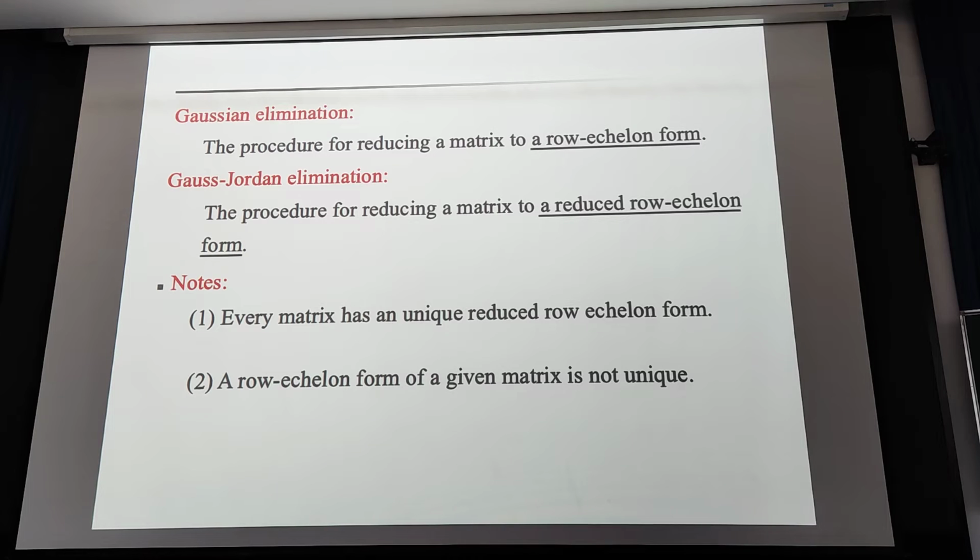And Gauss-Jordan is a procedure to reduce any matrix to reduced row echelon form. So from Gaussian elimination to Gauss-Jordan elimination, we need to do just a little more calculation. And the remark, once again, I want to insist here: every matrix has only one reduced row echelon form, but it has several different row echelon forms.